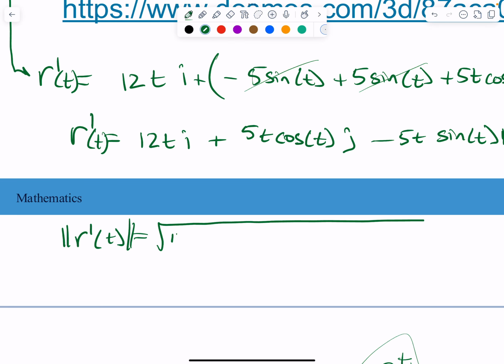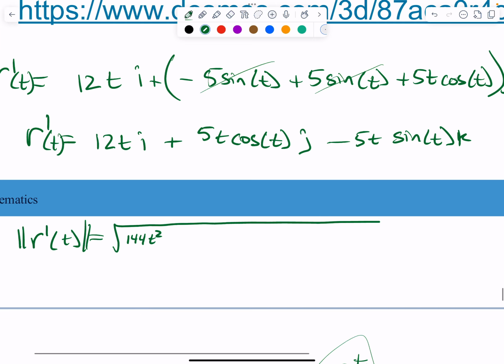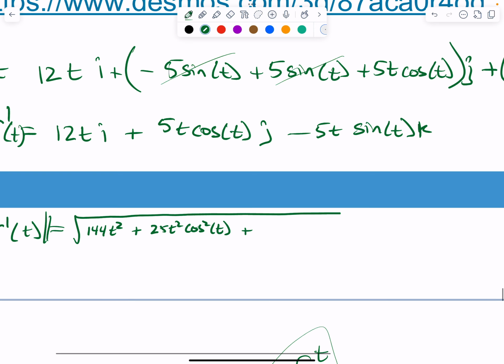The square root of square this thing, 144t squared plus 25t squared cosine squared t. And then square this, and because it's negative, when you square it, it becomes positive. 25t squared sine squared t. Ooh, I see something fun. I don't know if you feel the same.